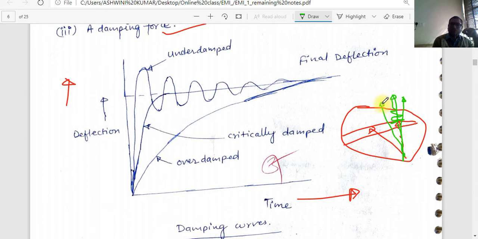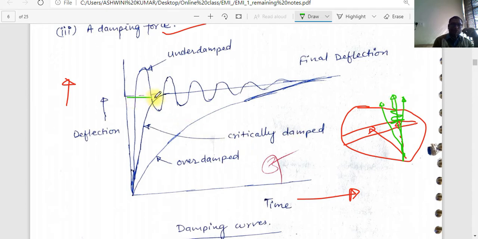So when the pointer moves, at that time the reading should be there, but due to oscillations it takes some time, so we have to remove the oscillation. So we use the damping force.